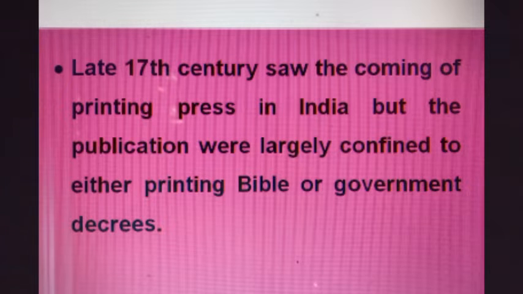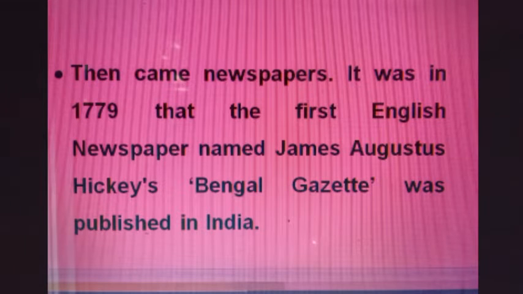The late 17th century saw the coming of the printing press in India, but the publications were largely confined to either printing the Bible or government decrees. Though printing presses came to India, they published only the Bible or some government documents.